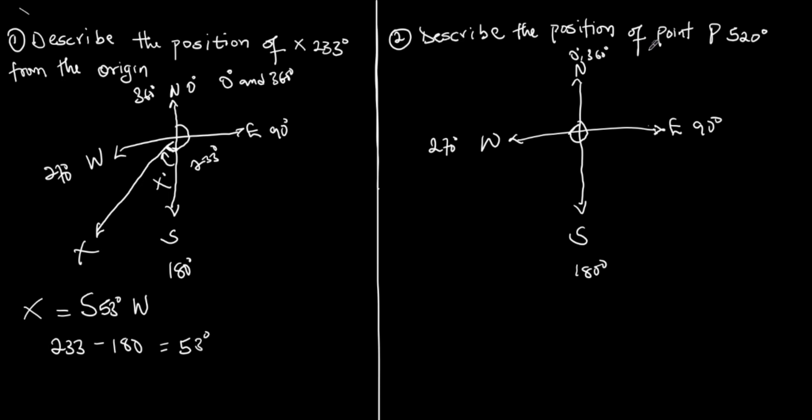Now, we have to draw point 520 degrees. Don't worry yourself. We already achieved 360 degrees. We need 160 degrees more to achieve 520. It means you start your journey again from the north. So remember, we already made 360. So you go again, getting to the north and to the east now, which is 90 degrees. That's 360 plus 90 degrees, that is 450 degrees, right?